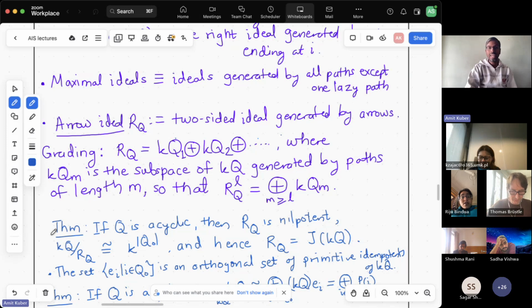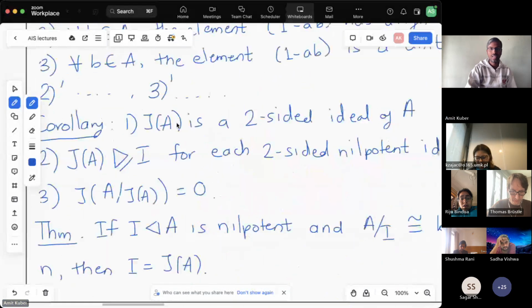Moreover, KQ mod RQ, as a vector space, is just K to the power the number of vertices. If you remember a result from yesterday, let me take you back to that result.